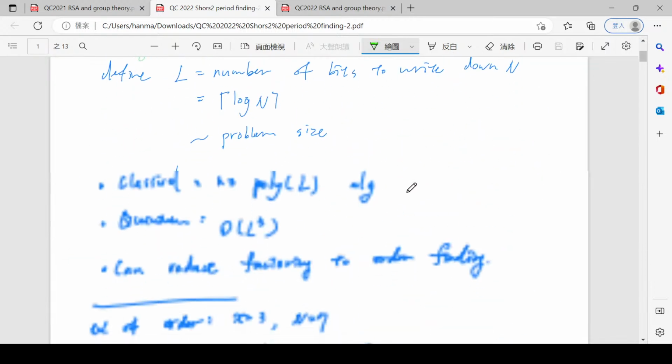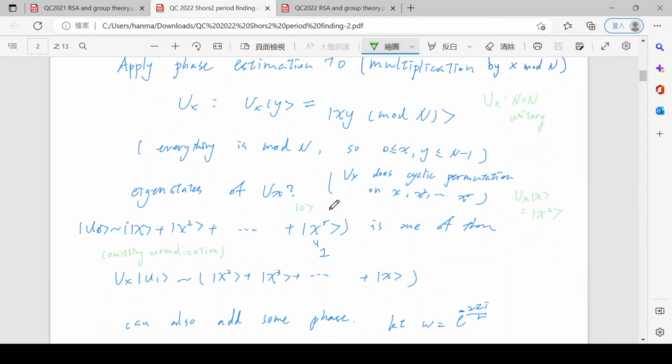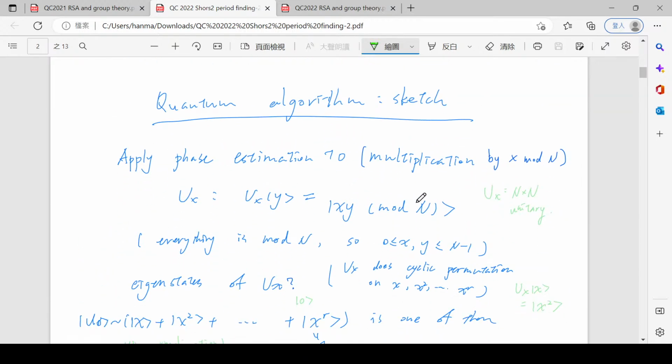Now the quantum part of this order finding, you have different ways to look at it. The first way is you do a phase estimation on this unitary gate, which is multiplication by x.